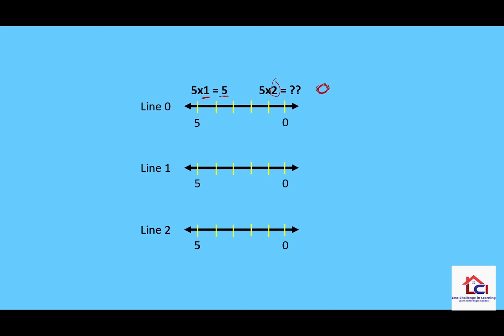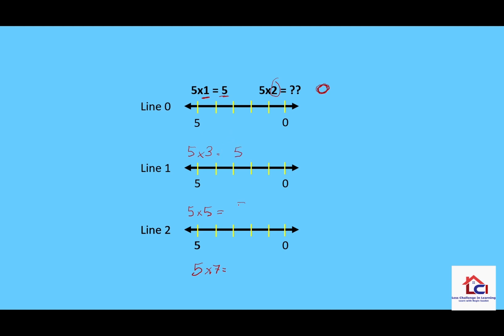And it will be repeated, meaning if instead of 1 I write another odd number, like 5 times 3, or 5 times 5, or 5 times 7, other odd numbers, they have 5 in their answer.